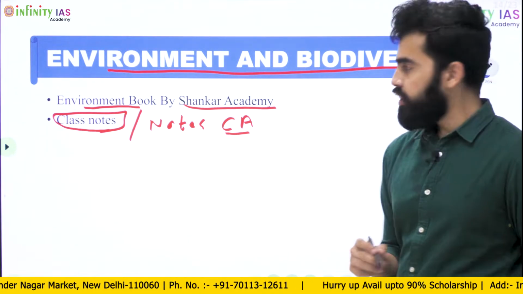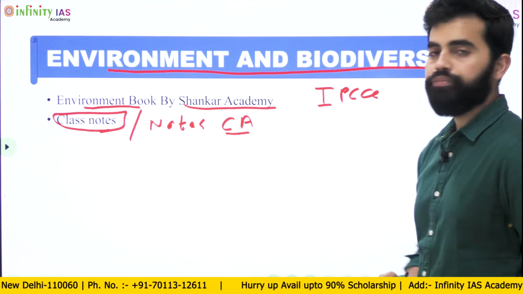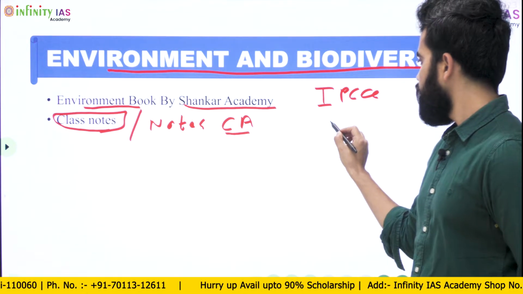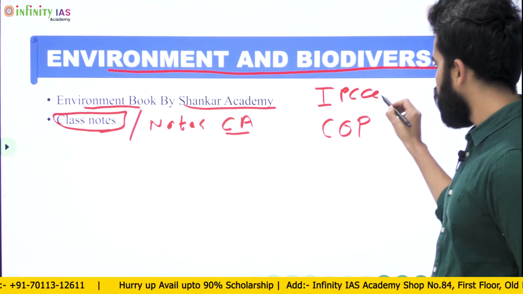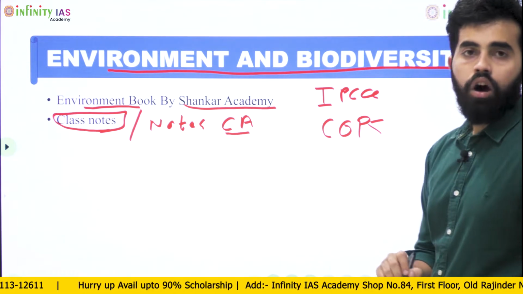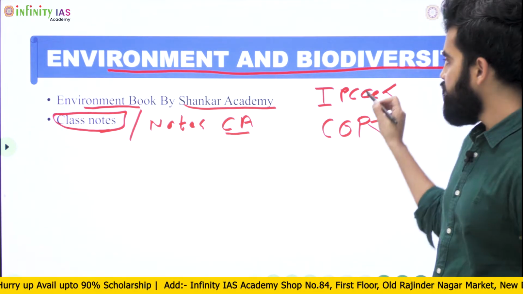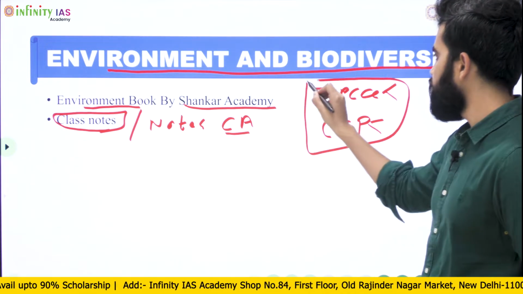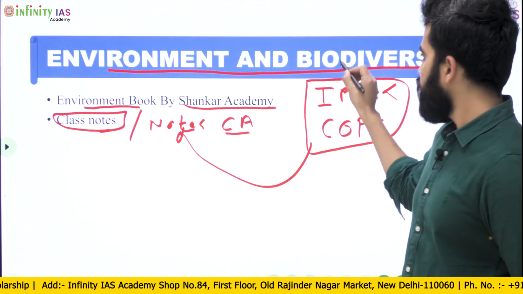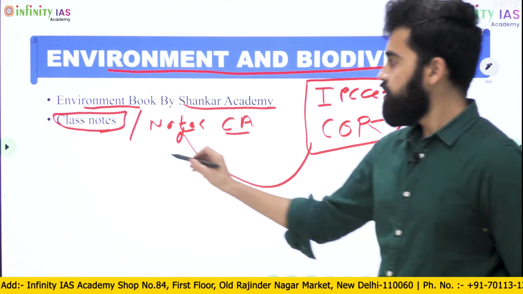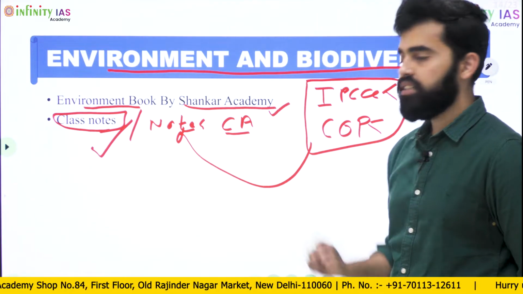For example, there will be a different report released by IPCC, or there will be a conference of parties held somewhere. So what are the outcomes of these conferences, or what is the report, or what does it mention about India? These are the current affairs related things that we need to add in our notes. When it comes to environment and biodiversity, this is the most important part, apart from understanding the basics.